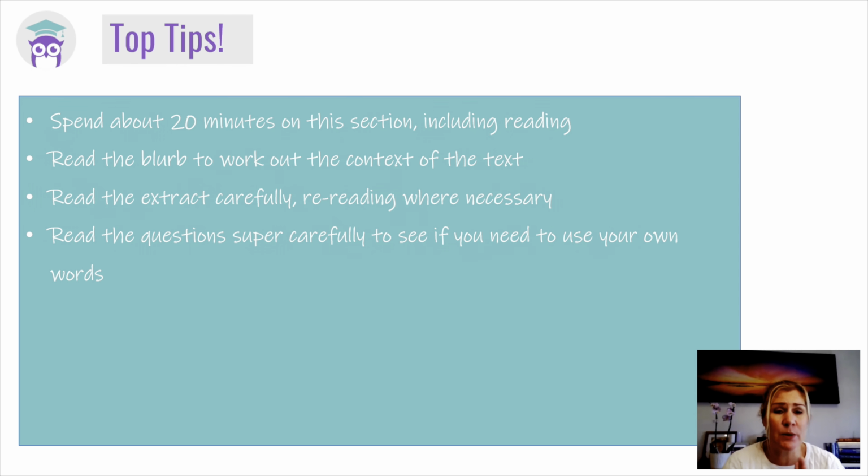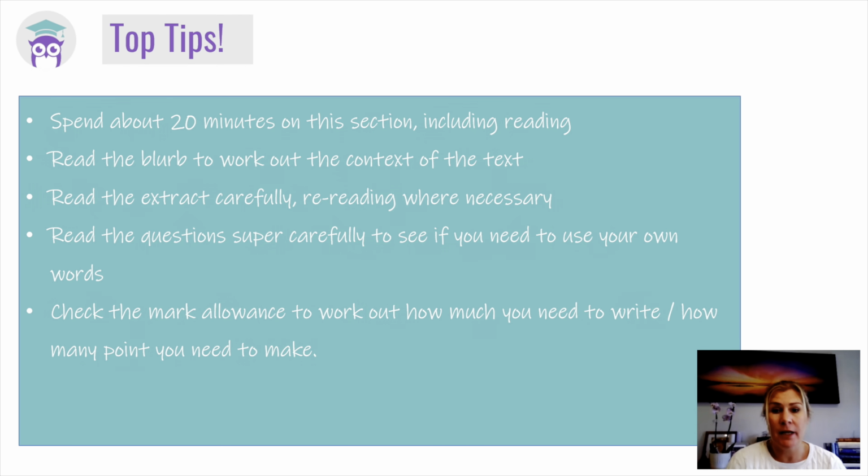Read those questions so carefully, yeah? First of all, you're checking, am I using my own words? Am I explaining? Am I just lifting a couple of words from the text? But also check the content. What information do they actually really need? Check the mark allowance to work out how much you need to write, i.e. how many things you need to translate into other words, or how many points you need to make.